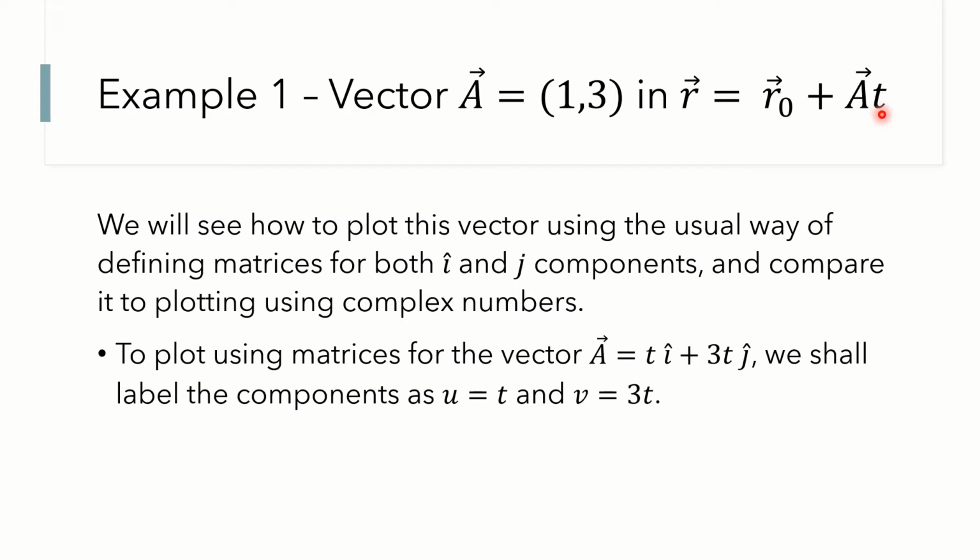Imagine t increasing from 1, 2, 3, 4, etc. So I have many points. If I have 10 points in t, then I'm going to have 10 points in the x and y directions, corresponding to the points along this vector r. And you will see that if I plot this using the complex number notation, it is much simpler. So let's go now.